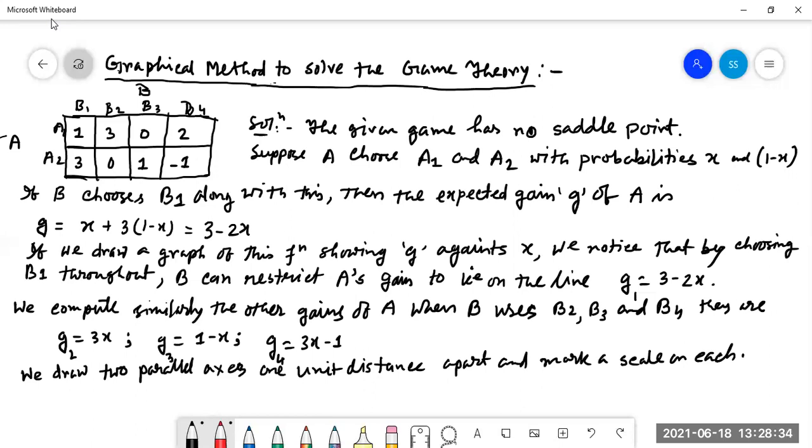The two strategies A1 and A2 of A are represented by these two straight lines.